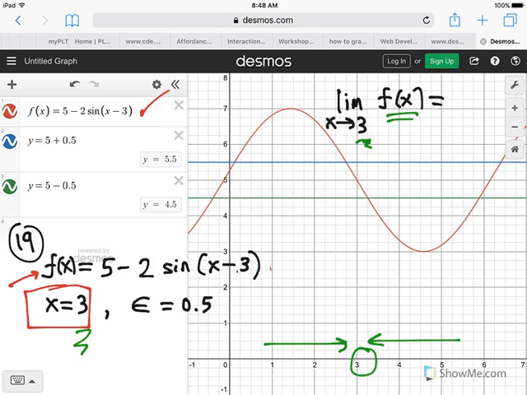Well, if you look at the graph of f of x, you can see that as the input values approach 3 from the left, and as the input values approach 3 from the right, the output values are approaching 5. So the limit of f of x as x approaches 3 is 5.